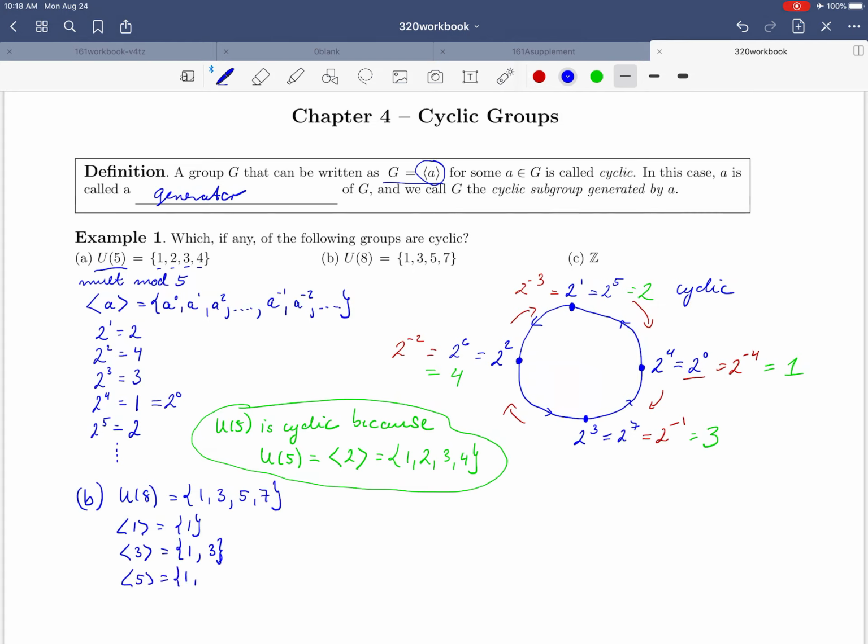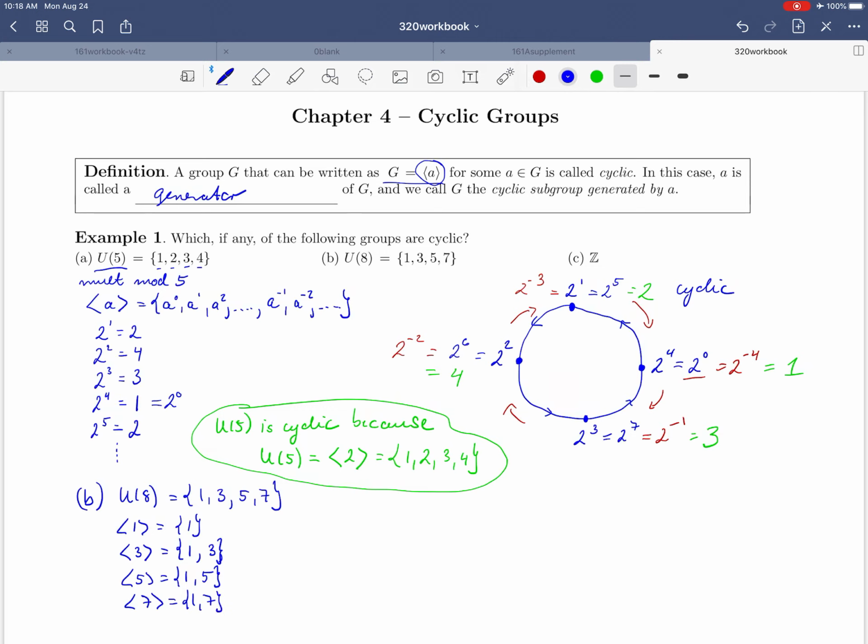I get 1 for free, and then I get 5, and then 5 squared, that is 25. Mod 8 is 1 again. So I also only have 1 and 5. Okay, let's see. What do I get when I look at powers of 7? I get 1, I get 7. 7 squared, that is 49. And 49 is also 1 mod 8.